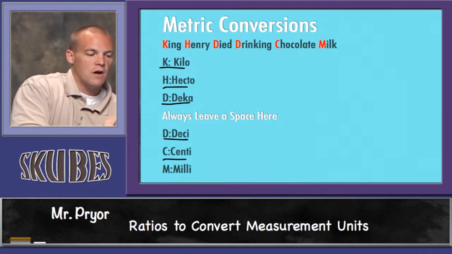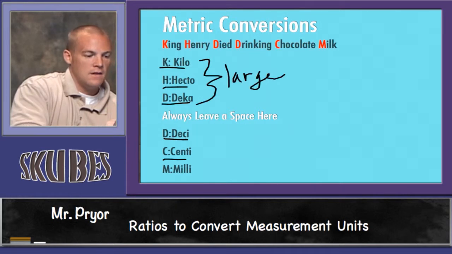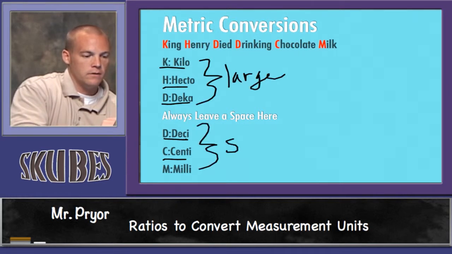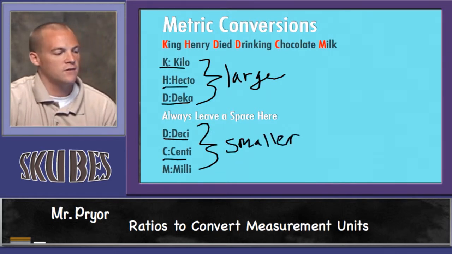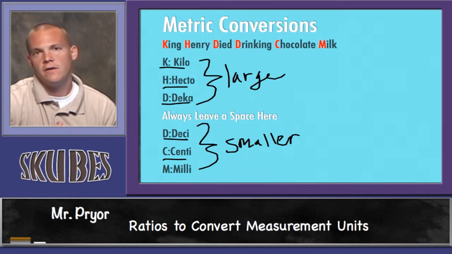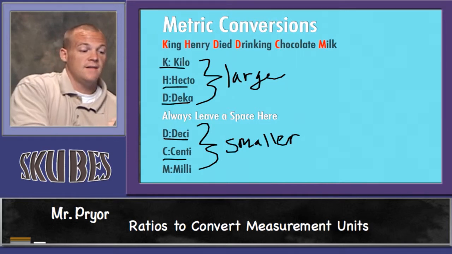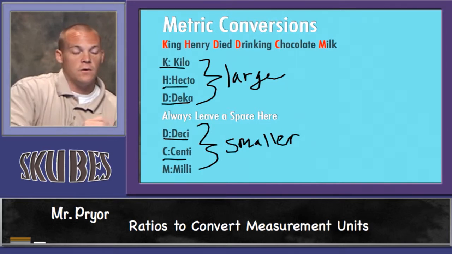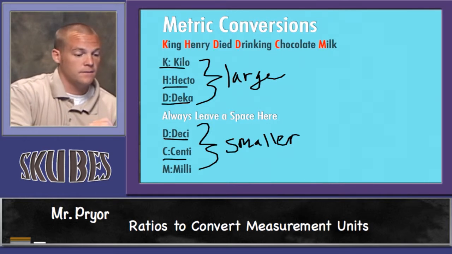But then you go into your smaller units. These are all your larger units, and these end up being all your smaller. And you may be familiar with kilo, probably not so much hecto or deca, but kilo you'll see every now and then, like kilometer. It's very similar to a mile. You've definitely seen centimeters, probably millimeters as well, because of rulers, things you've used in math before, possibly science.